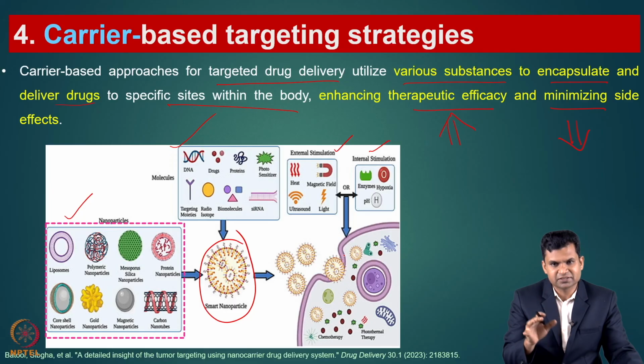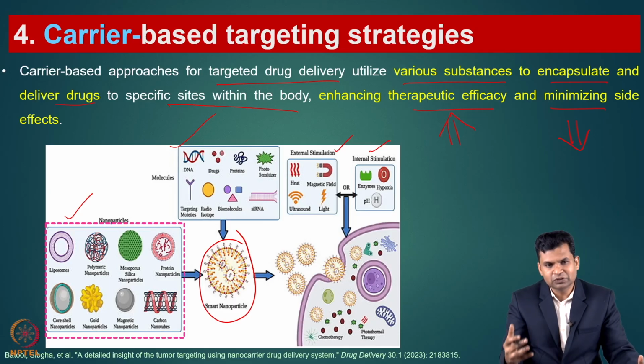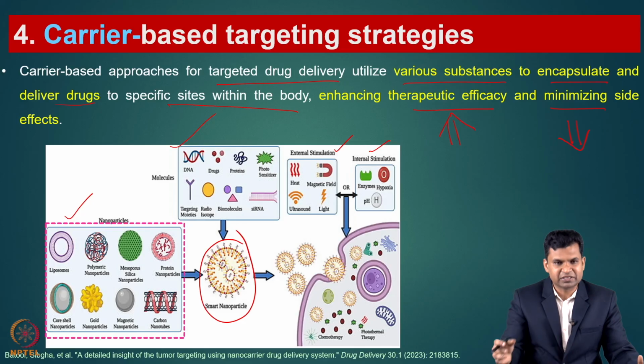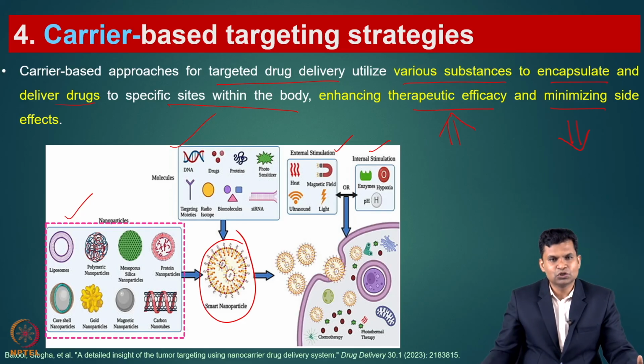As we know, we can also use passive targeting systems based on EPR, and pH sensitive and temperature sensitive targeting. And not only that, by using active targeting, labeling with antibodies and ligands, we can target various types of disease.